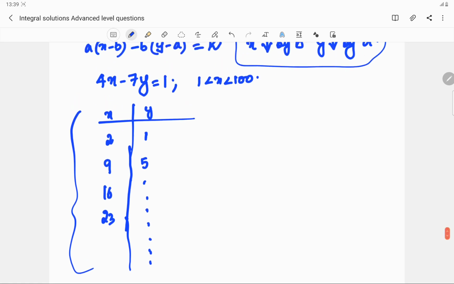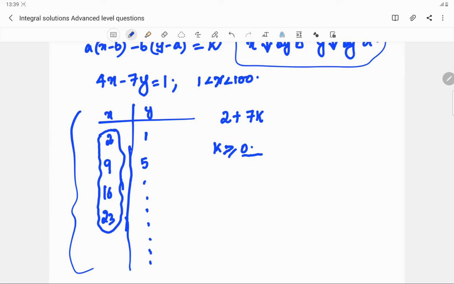Now instead of doing that, if we see the table and the values of x, the values of x start with 2 and each time increase by 7. So they will be of the form 2 plus 7k, where k is greater than or equal to 0. When k is 0 it is 2, but the highest value which x can take should be less than 100.